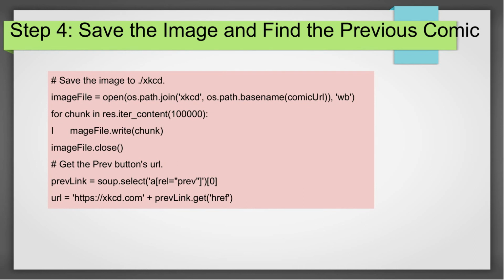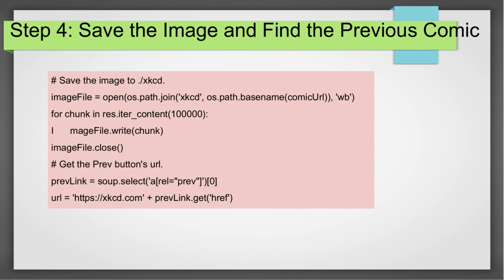And in fact, you can call the os.path.basename function with the comic URL, and it will return just the last part of the URL, the image name. You can use this as the filename when saving the image to your hard drive. You join this name with the name of your xkcd folder using os.path.join so that your program uses backslashes on Windows and forward slashes on Linux.